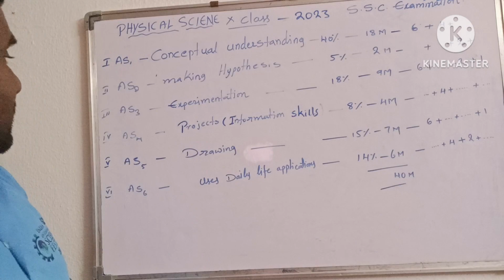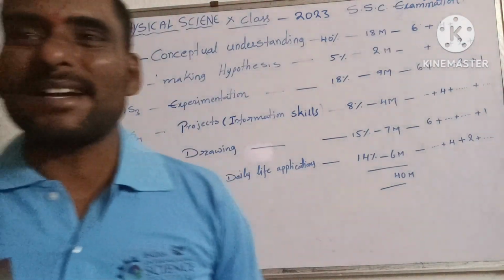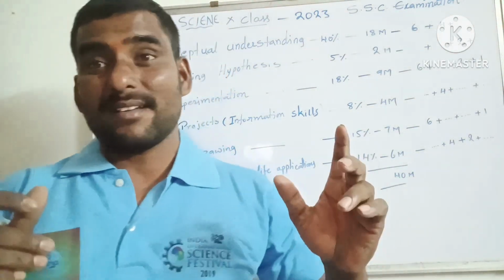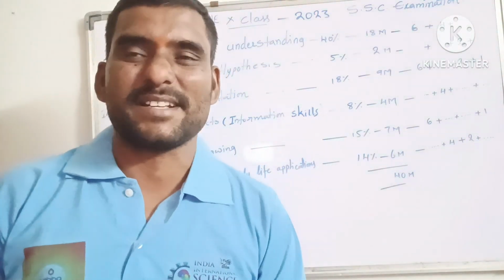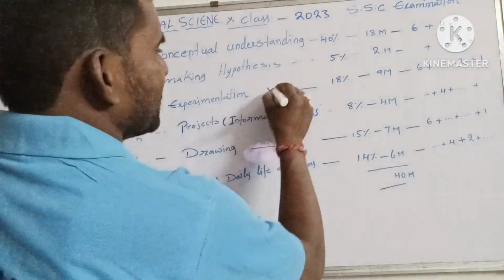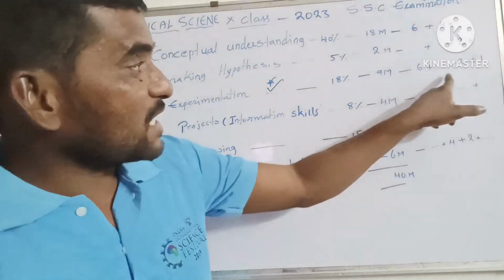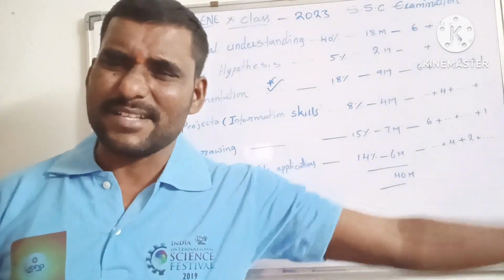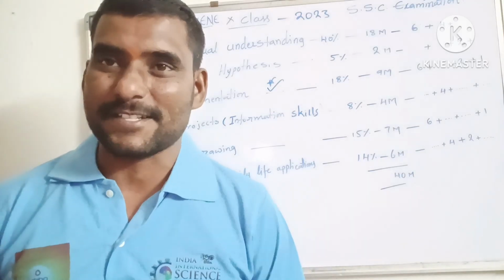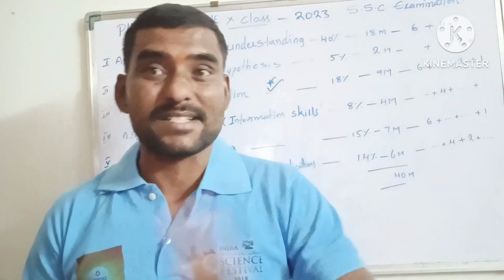The third one is AS3, Academic Standard 3, experimentation, and it is very, very important. This topic is very easy. Everybody remember, you can get 9 marks very easily. One is a long question, and we may expect a 2 marks question, or sometimes even 4 marks. We have only limited experiments, and from that you may get a compulsory question.